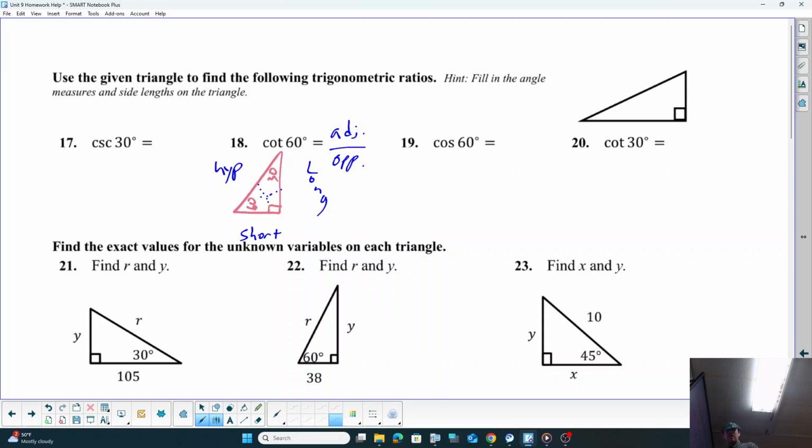Well, that's interesting because they didn't give us a number for any side lengths. So we're just going to assume the most reduced one, and that's the unit circle, which is 1. So we're going to say our short leg is equal to 1. Or no, we're going to say our hypotenuse is equal to 1. And if our hypotenuse is equal to 1, that means our short leg is equal to 1/2.